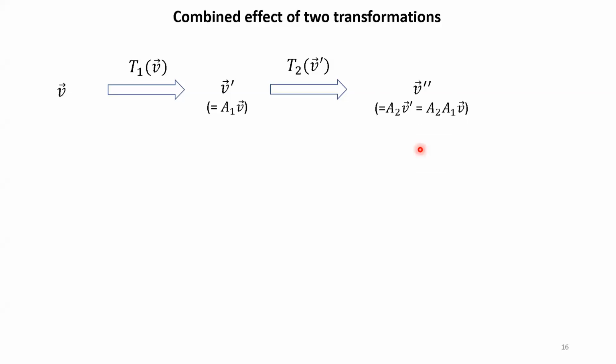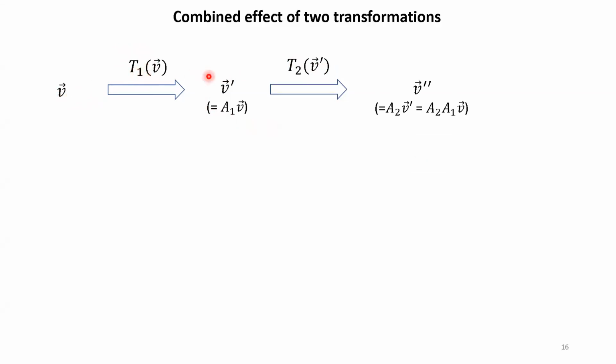Okay, so let's continue. Just now we were talking about transformation and inverse transformation. Now let's talk about two transformations where we do one first, followed by the other. Suppose I have a vector v, and I do a first transformation which I call T1.